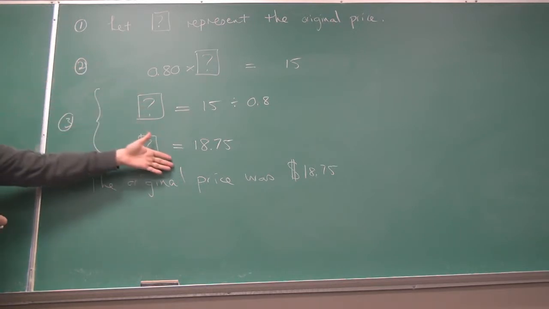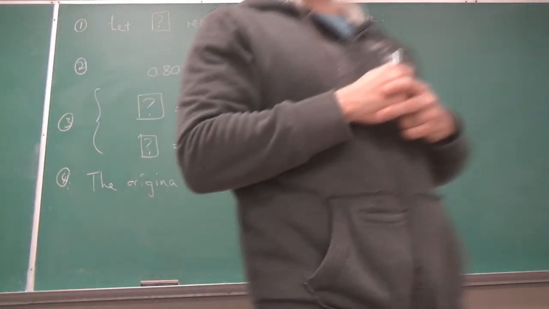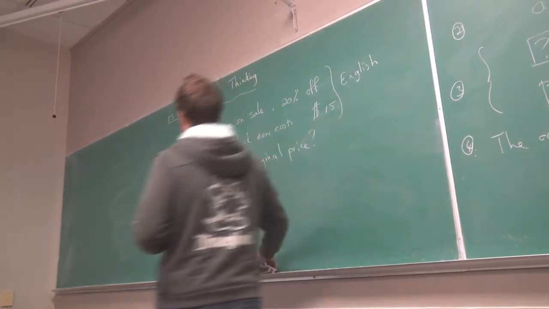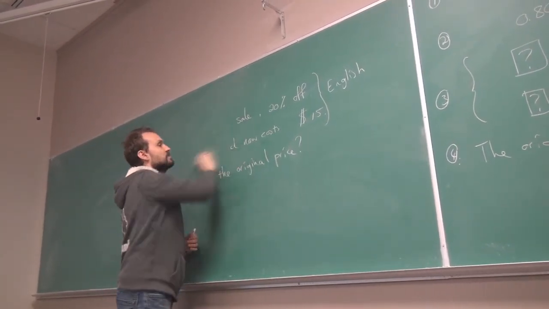Look at that equation to figure out what that question mark in a box value is, and then conclude it with a sentence back in the original language. That will always be the 4 steps that we are going to use. The only thing that changes is the information in the problem.